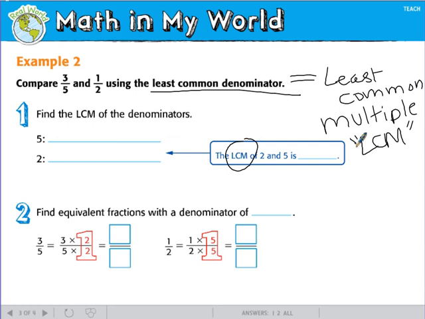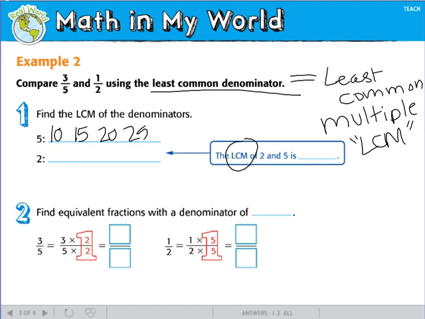We're going to count by 5, right? So we have 5. What's next? 10, 20. Alright, I'm going to stop there because I'm doing multiplication to 2 in my head, and I know for sure that 2 times 10 is 20. So I know at least I have one common multiple, right?